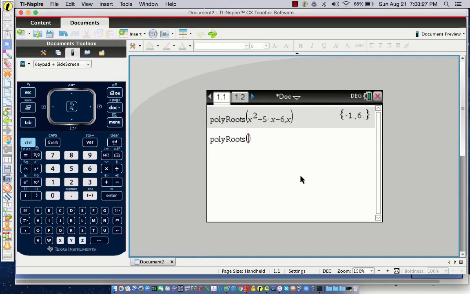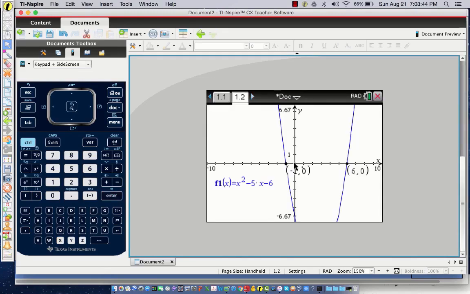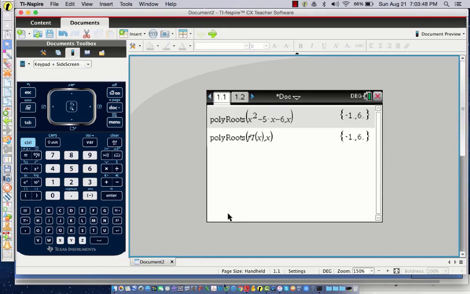But I can type in f1 of x, put that in parentheses, comma x, enter. Look, I get the roots because the calculator knows since we're in a document, we're referring to this function. So a great tool that we can have. Very, very powerful, especially later in the course.